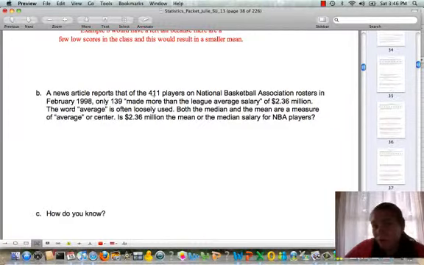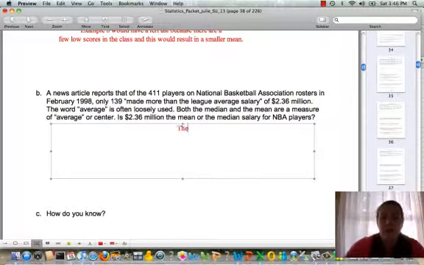So the median would fall in the middle. The median would be the salary of the middle, the 206th player, I think.